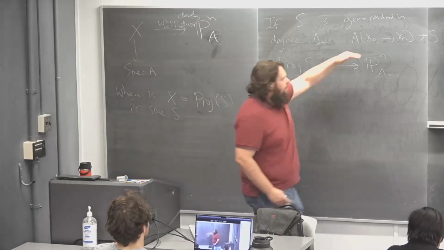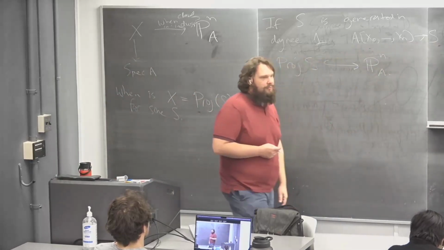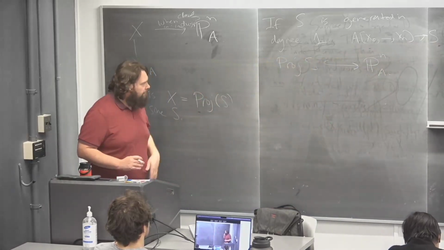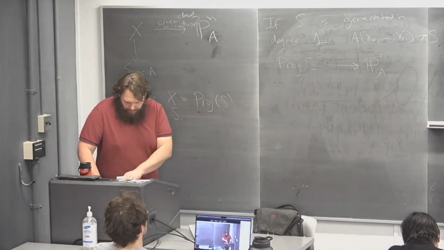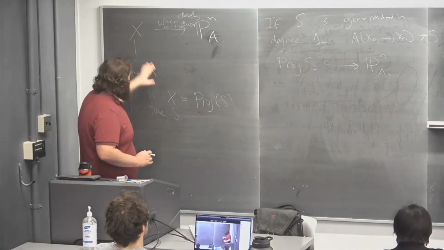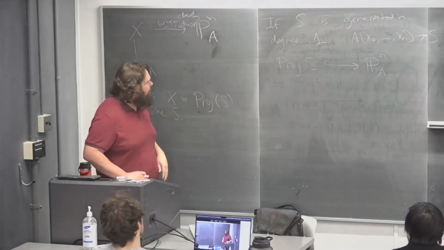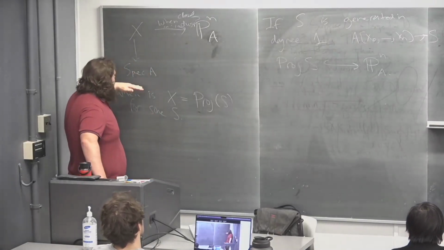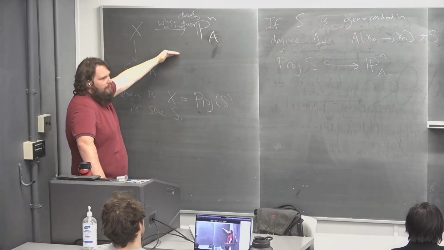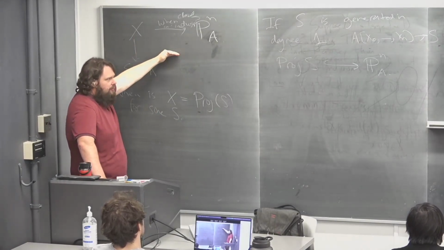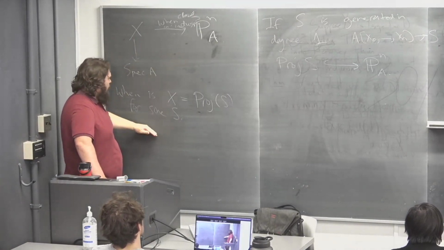It's a closed embedding because this is a surjective map of rings. So these are two closely related but not quite the same concepts. And of course, now that we know that maps to projective space are about line bundles, we can refine this question a little bit.